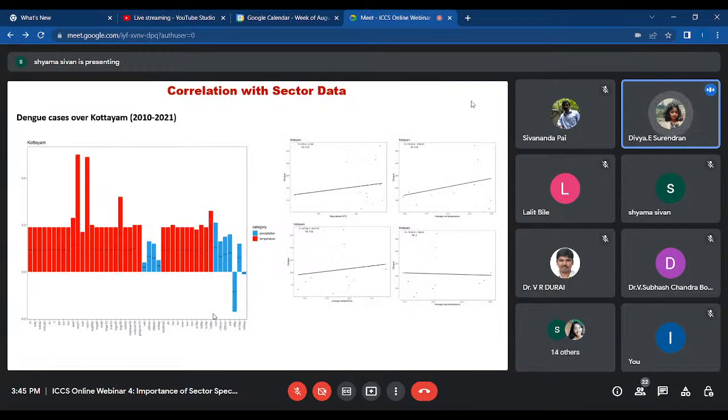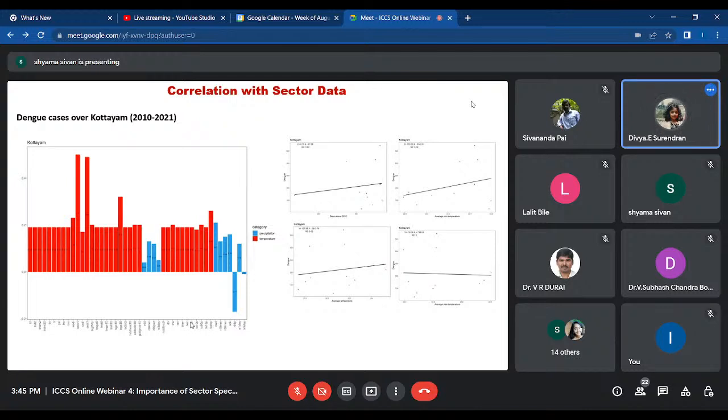There is one more option this software provides. Suppose you have sector-related data. Here what I have shown is the dengue cases reported in Kottayam district from 2010 to 2021.